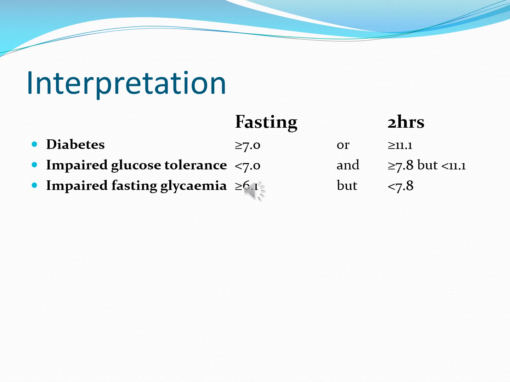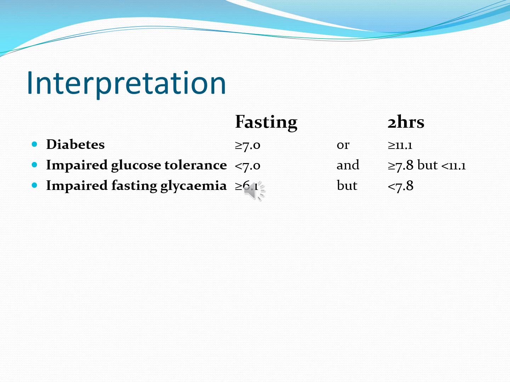So yeah, the interpretation using the WHO criteria: diabetes is greater than or equal to 7 for fasting, greater than or equal to 11.1 for the 2 hour. So that's the diagnosis of diabetes using the WHO criteria. We've then got two other conditions: impaired glucose tolerance and impaired fasting glycemia.